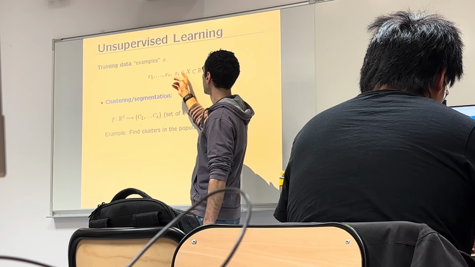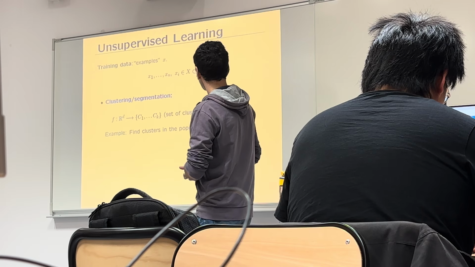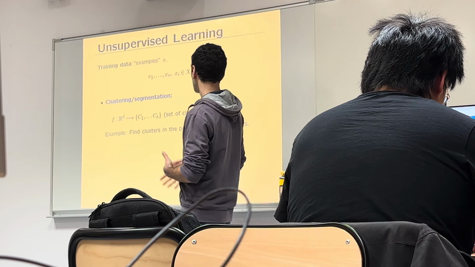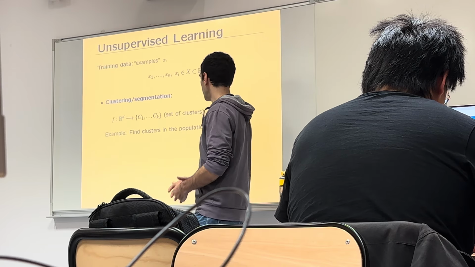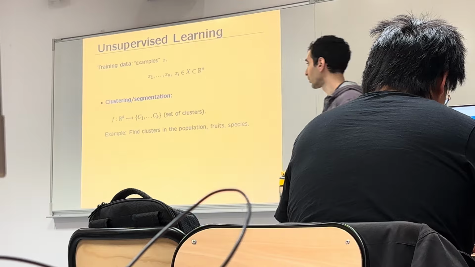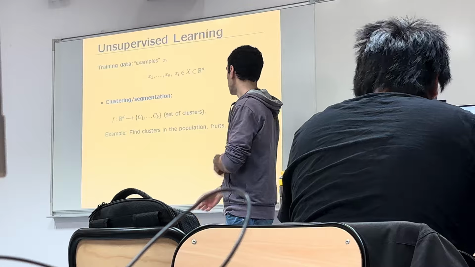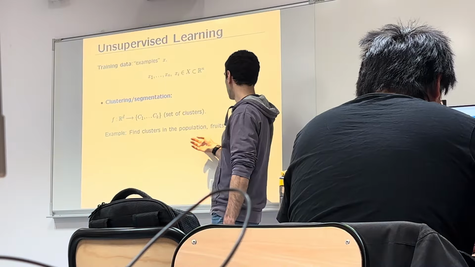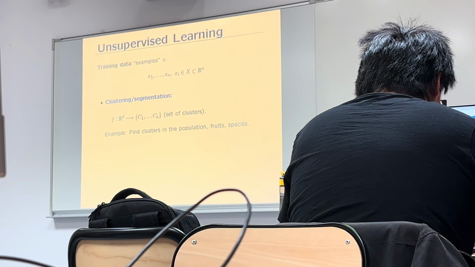You have some x values from the real numbers, and you try to cluster, make groups based on these values. Find similar attributes in a population, species, or concrete samples like this.